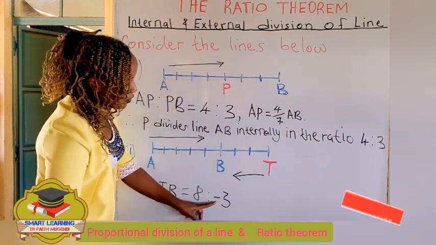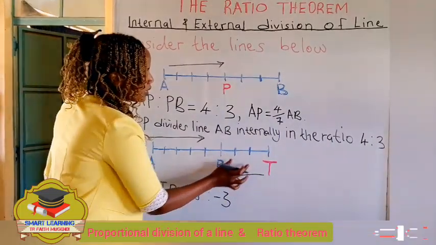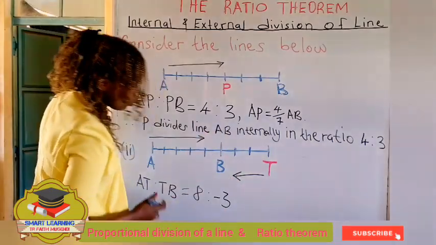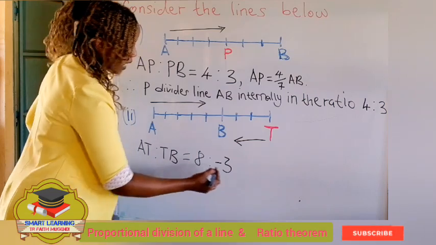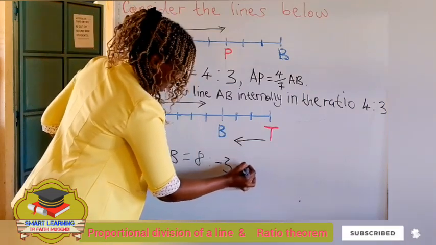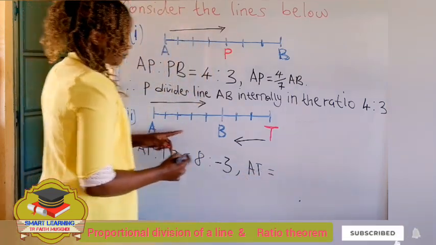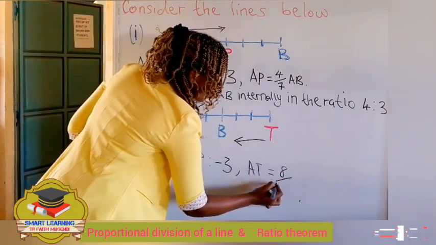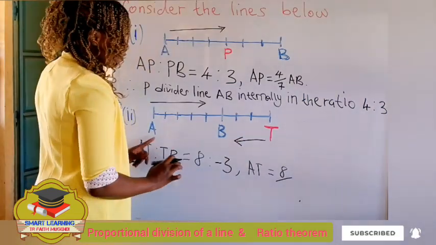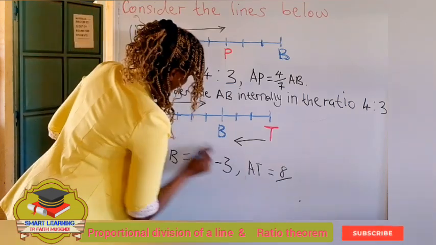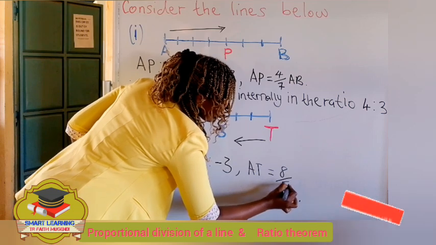The negative sign here doesn't say that BT is negative; it is showing the direction of that vector. We can also write this as AT is 8 over AB, because from A to T is 8 equal parts, and AB is 5 parts.